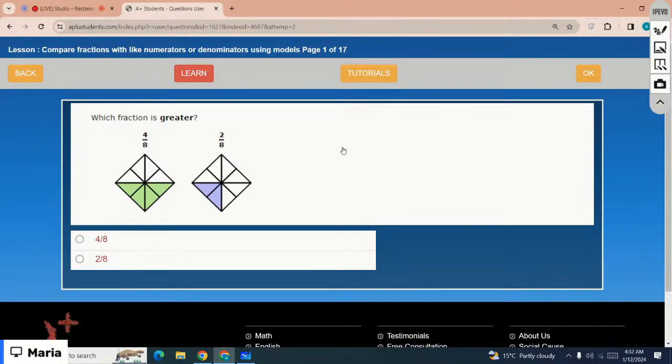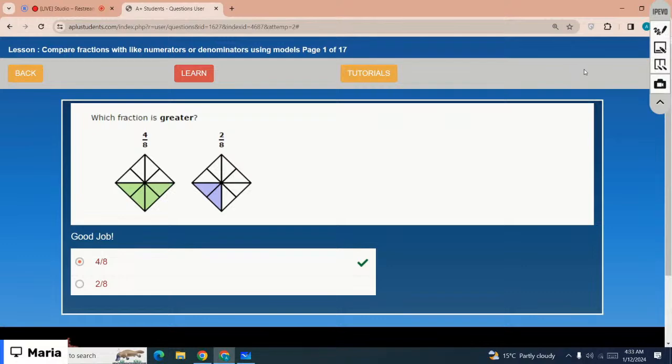The one that has more portion colored is greater, right? Also, both of them have the same denominator 8, so the one with the greater numerator is greater. 4 is greater than 2, so 4 by 8 is greater than 2 by 8. Very good. The correct option is 4 over 8.